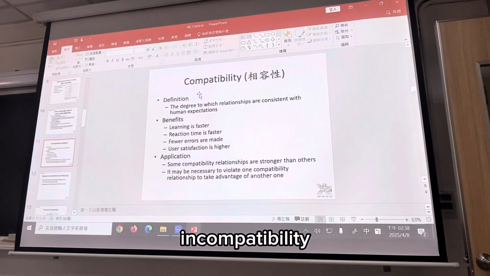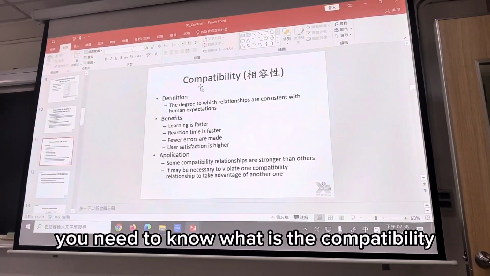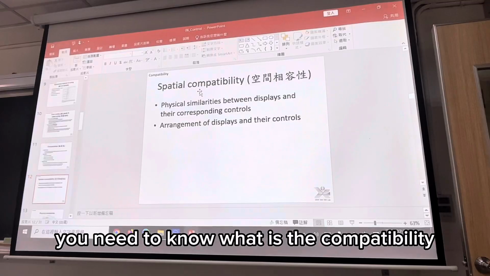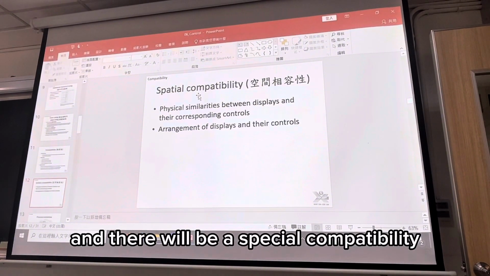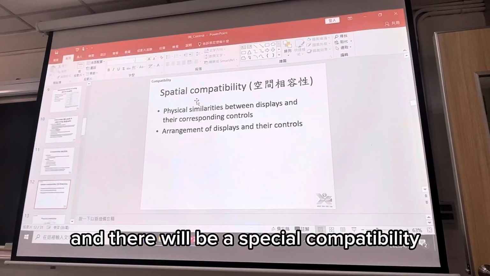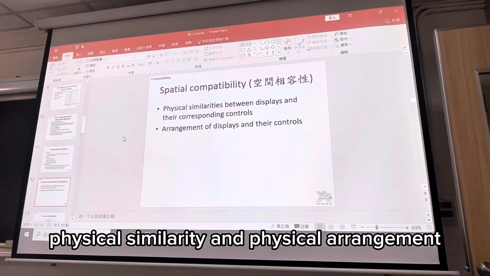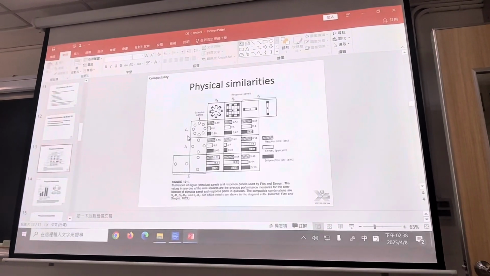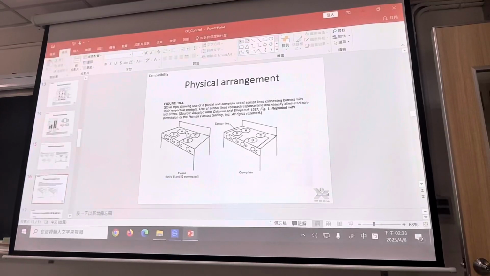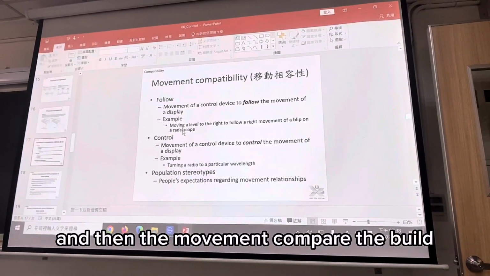And compatibility, you need to know what is compatibility. And that will be spatial compatibility, physical similarity, and physical arrangement. And then the movement compatibility.